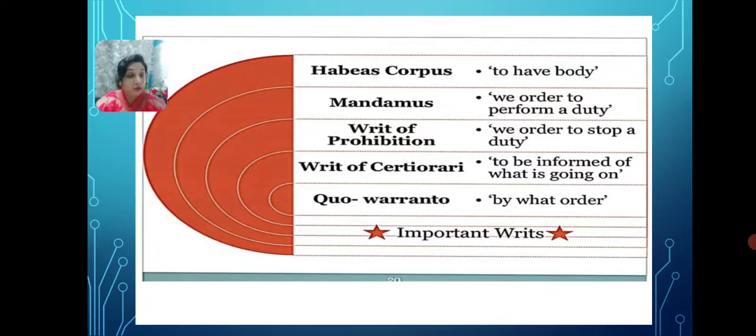They are not allowed to leave their city, or leave the country or the state. So so many rules are there. Okay, so at that time it should be informed, related to that person, what is going on with that person, what is he involved in or not, etc, etc. Okay, so this is what you call it as a writ of certiorari.